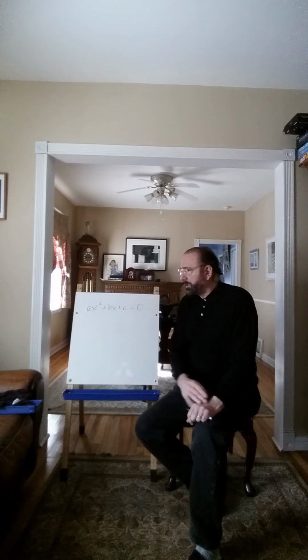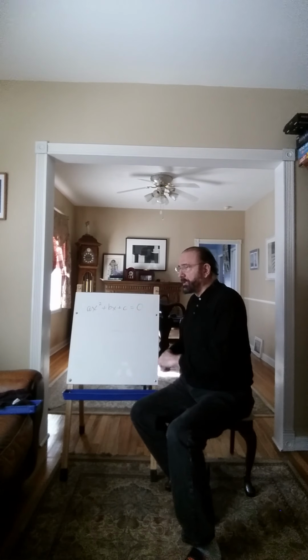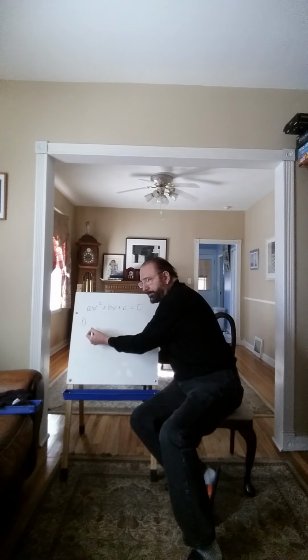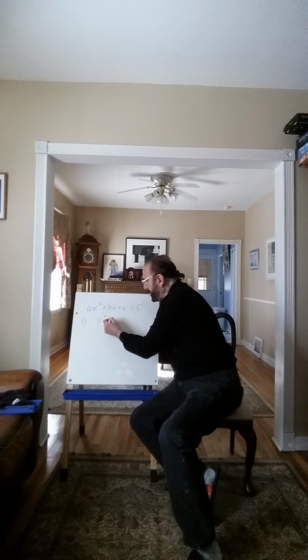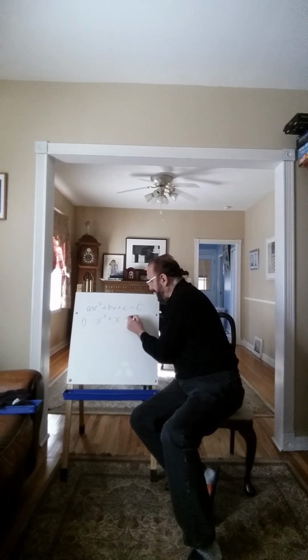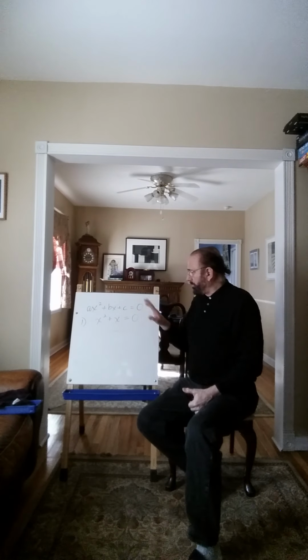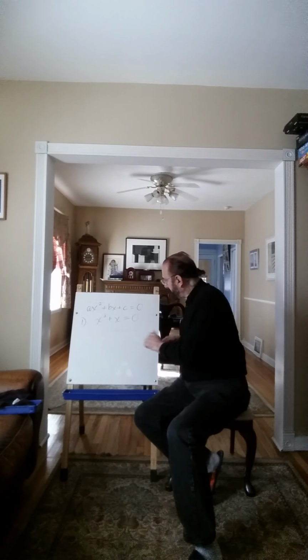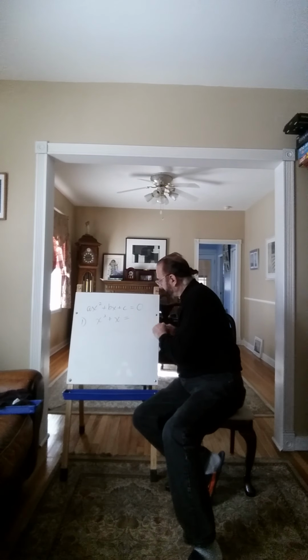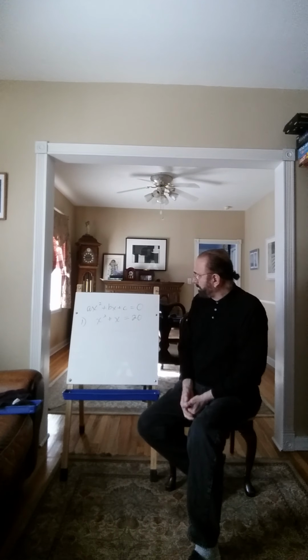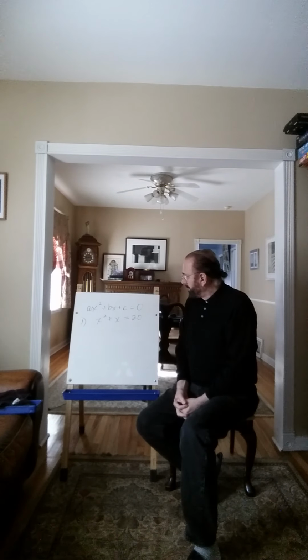So anyway, let's look at an example. Here's x squared plus x equals 0. Now, oh, you know what? It's not 0. It's 20. Now, we want to solve for x.